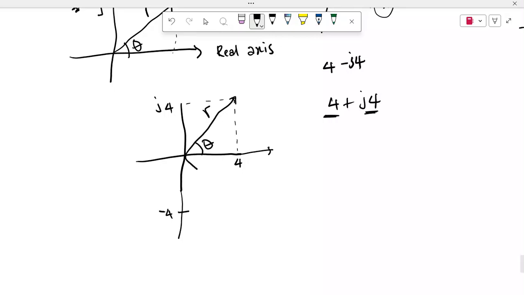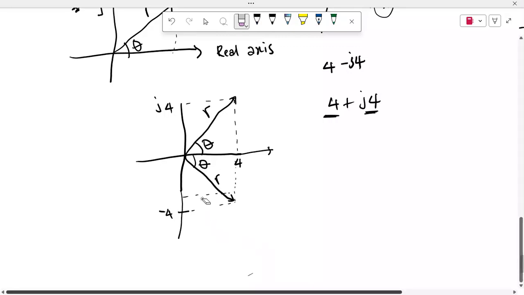So you have something like this, r, then you have the angle theta. So this is how you represent it.